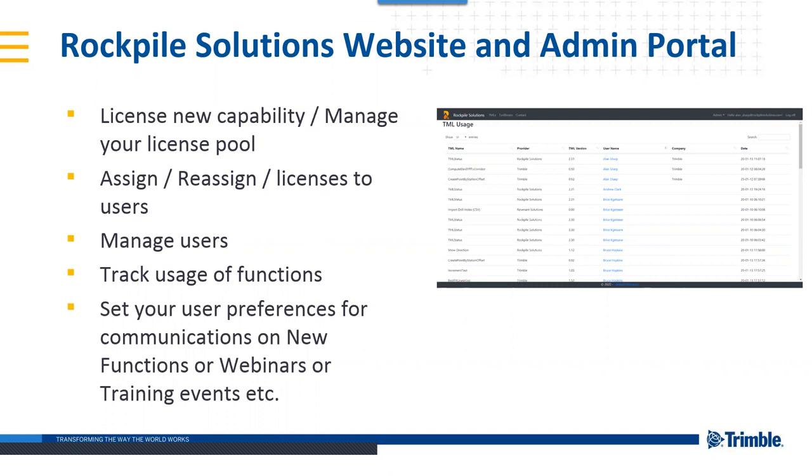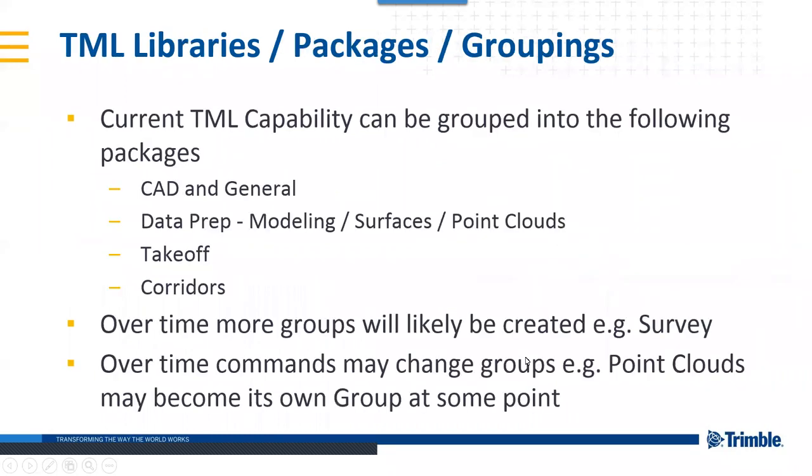And that helps you decide whether, yeah, you've got 5 users using it full time, we need to buy another seat, or no, we're going to reassign a seat because somebody's not using it properly or whatever. So you can manage everything through here and set all your preferences for your own company and how to get information as well. So this website isn't just a website, it's also an admin portal for your licensing system.